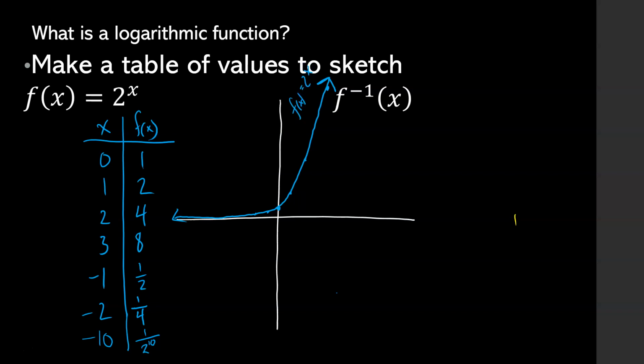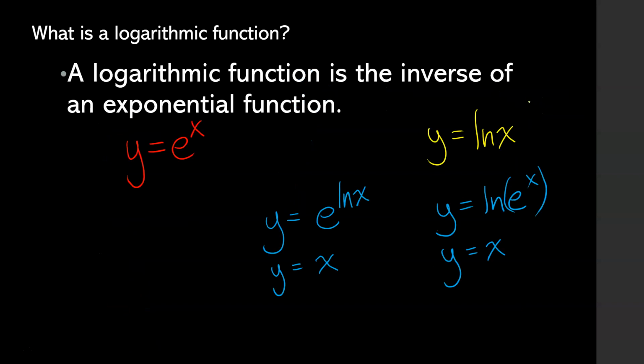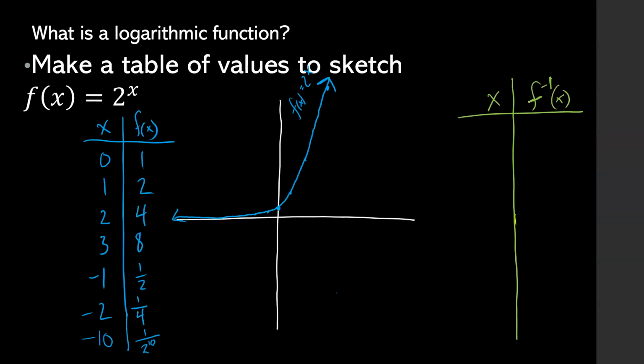And let's make a different color table of values. Do you remember this notation? What looks like an exponent negative 1 isn't. We read this as the inverse of f. So making a table of values is pretty easy, since we know logarithmic functions are inverses of exponential functions.